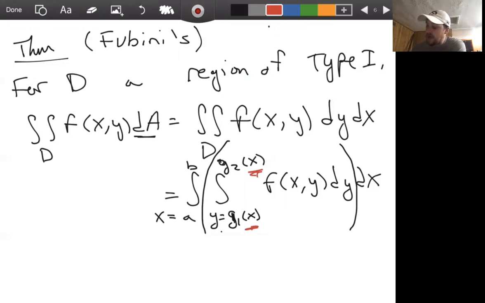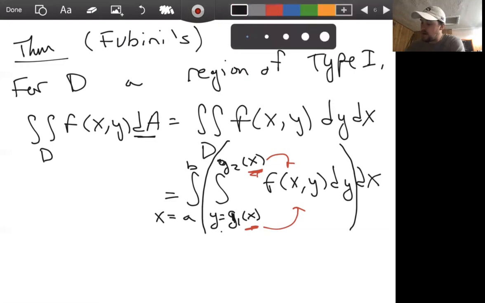And so you have to integrate with respect to y first to get all your information from the x variable out of the bounds and into the function. Once you do that, you have all of your information about the x variable as part of the integrand, so that when you integrate with respect to x, you'll just get some number.